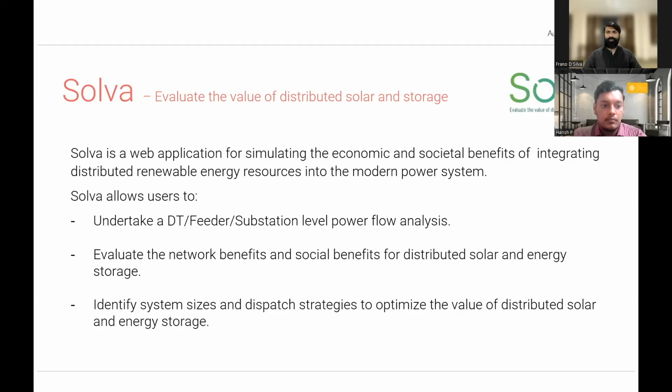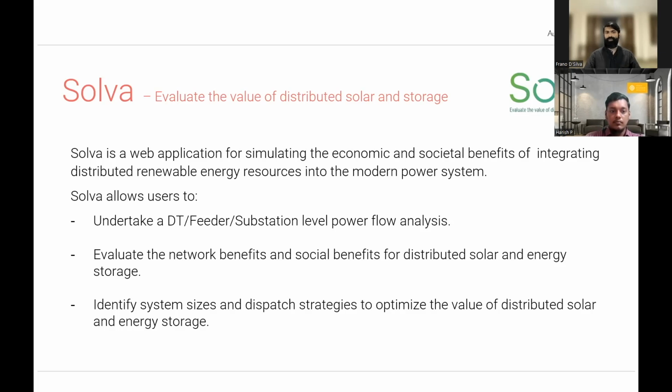From the results of the power flow analysis, we use a methodology to determine the network benefits as well as societal benefits from that integration. The Solva tool can also be used to identify system sizes as well as dispatch strategies, in case a battery is included, to optimize the value of distributed solar and energy storage.